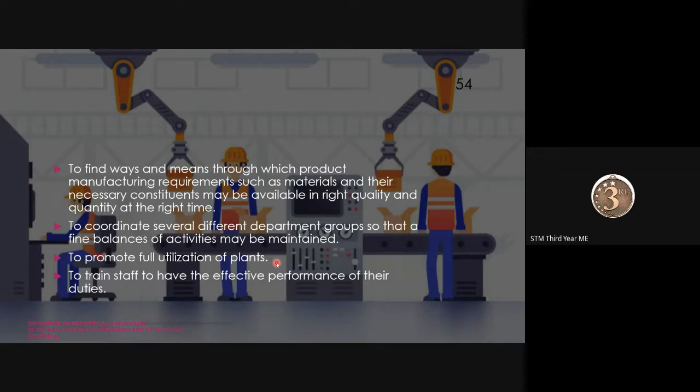Then last one, to train staff to have the effective performance of their duties. So if the workers synchronously work on that particular operation, only then we can obtain a smooth workflow and ensure more productivity. So one of the ways to do that is the operations carried out by each individual must be exactly the same.